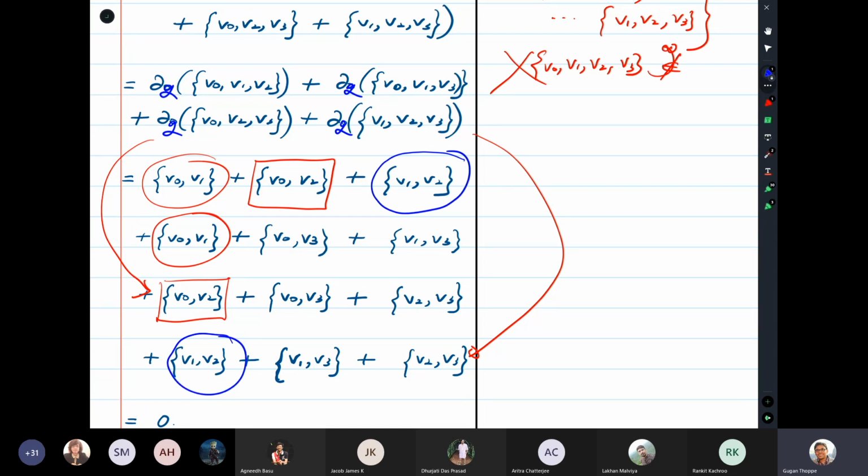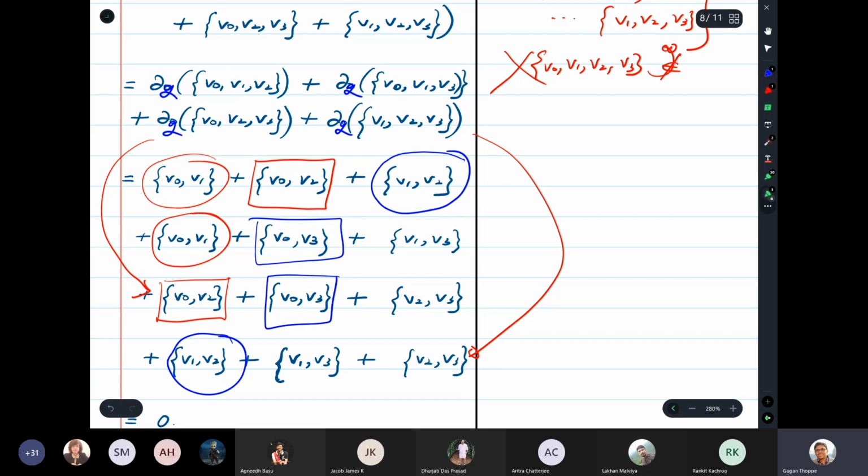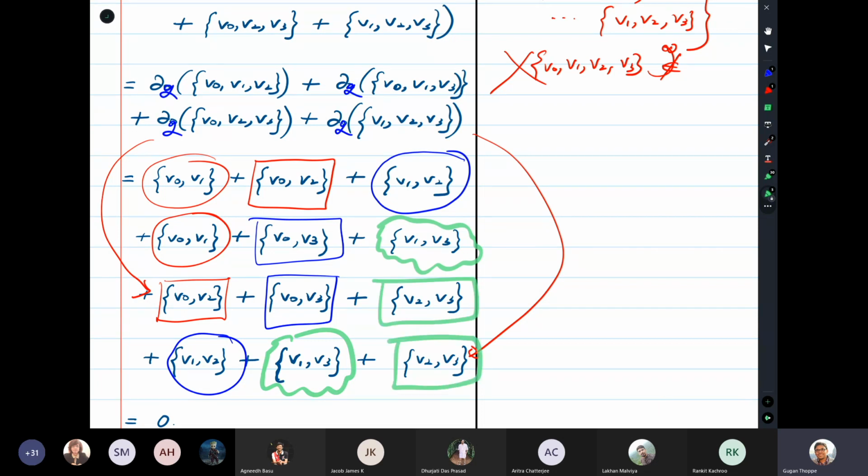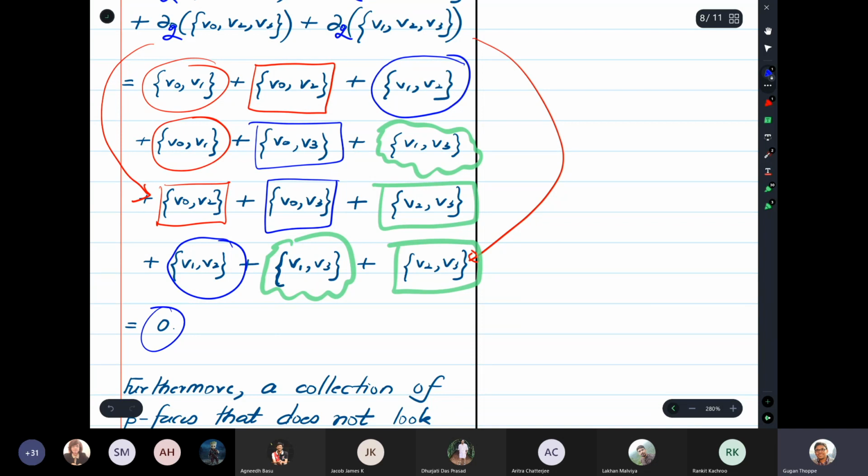Here there is V0 V3, here there is V0 V3, and then here is V1 V3, and here is V1 V3, and finally here is V2 V3, and here is V2 V3. So you can see that all these things occur in pairs, and since we are working with Z2, all of them will cancel off and you will end up with 0. So here is what you end up with, 0.